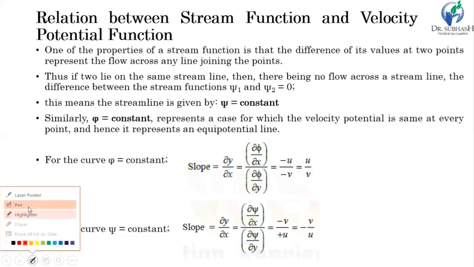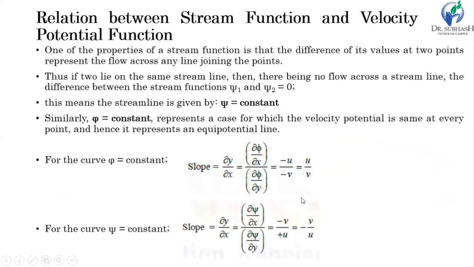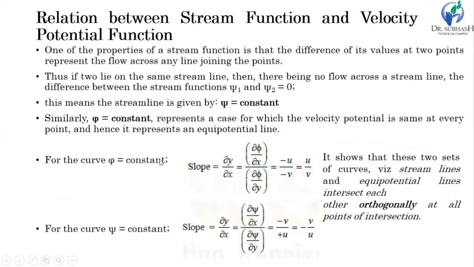After that, if we take the multiplication of these two slopes, we get negative 1, or minus 1. What does it indicate? It indicates that both lines intersect, but perpendicular to each other.